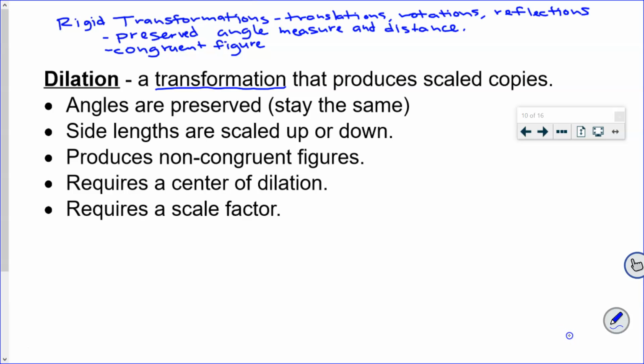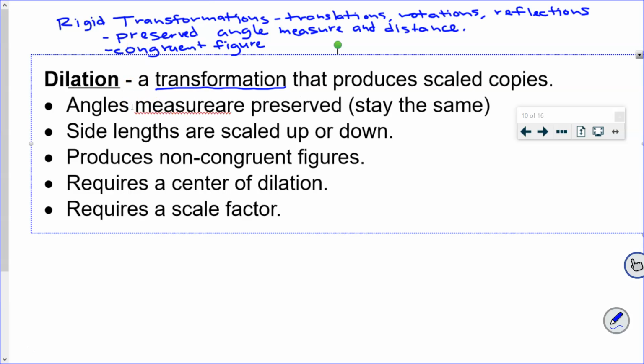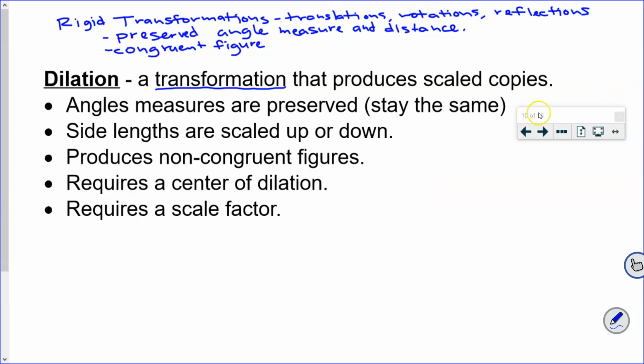So now we're looking at dilations, and a dilation is a transformation that produces a scaled copy. When we look at dilations, angle measures are preserved. That means they stay the same. That's similar to the rigid transformations. But here's what's different: side lengths are scaled up or down.